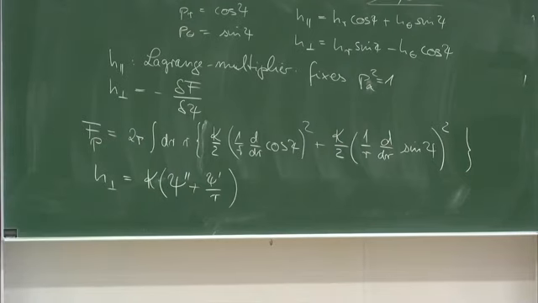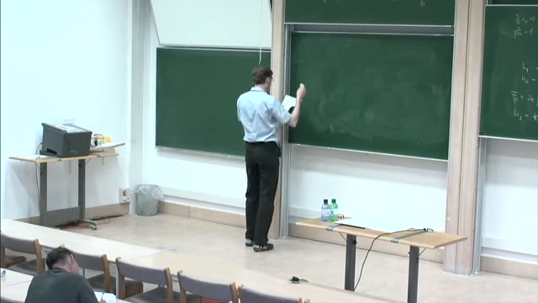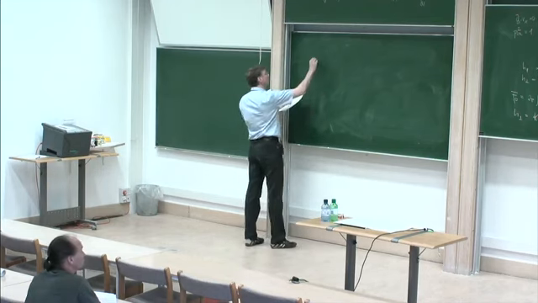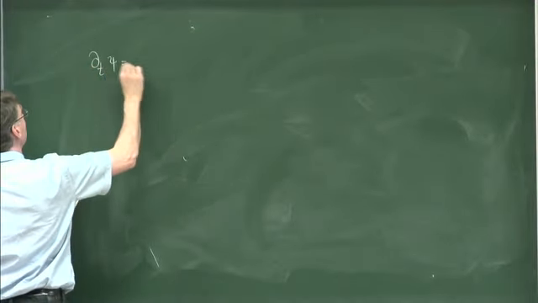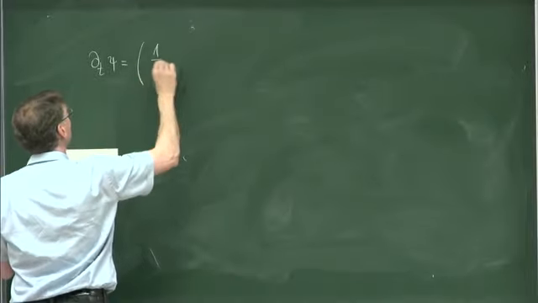And now you can plug all these expressions into the equations that I've shown you before, and then you will get an equation for psi, that is d_t psi. This is now a rather horrible equation, but I'm going to write it down anyways.